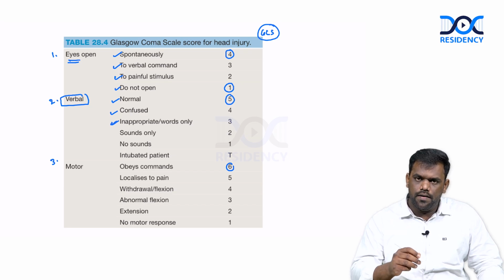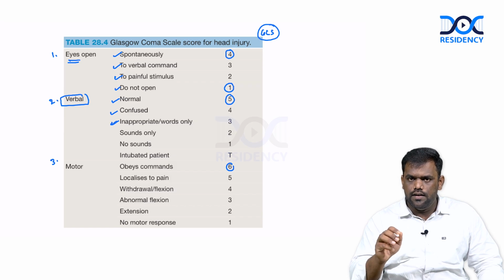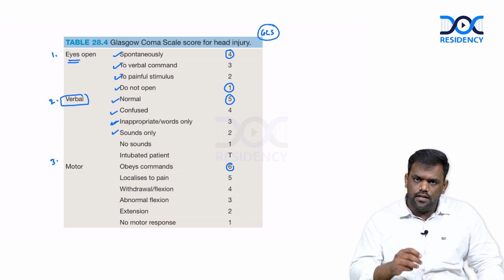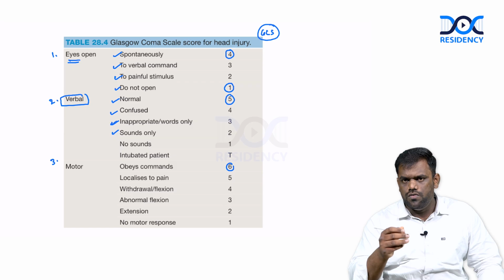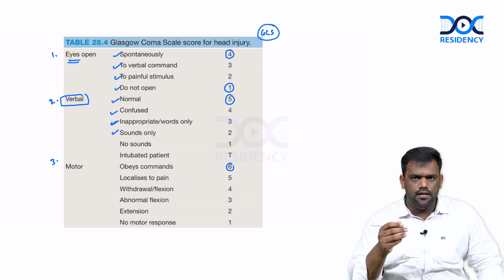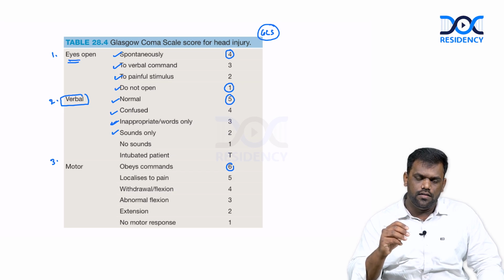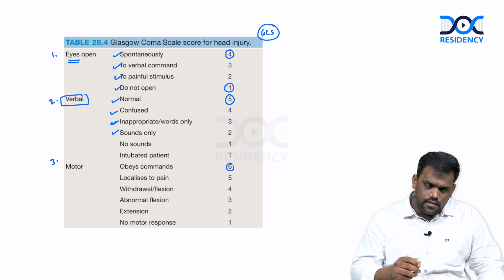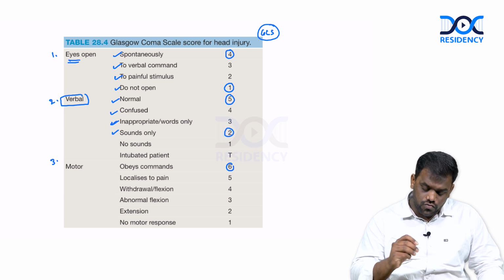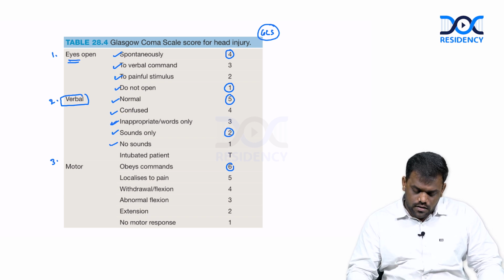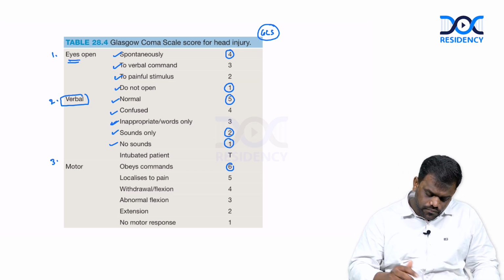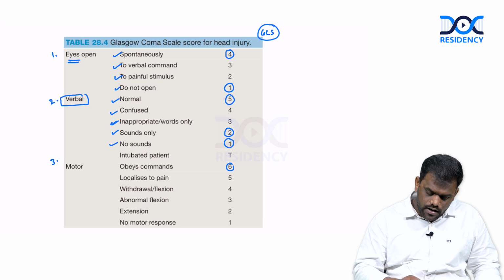The next is, when you ask some question, he is giving only sounds, like screaming, or moaning. That is sounds only. So, when sounds are coming, give the score 2, and no sounds means the score is 1. Suppose the patient is intubated, the score is T.